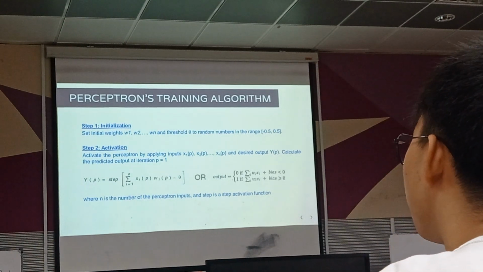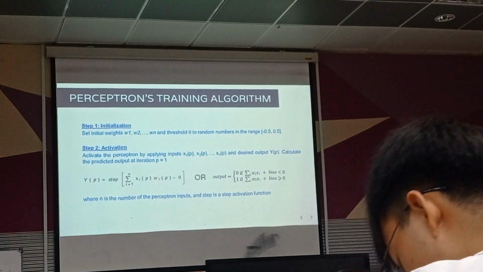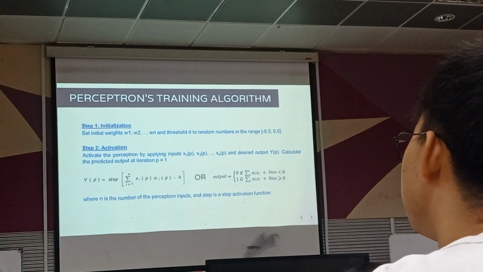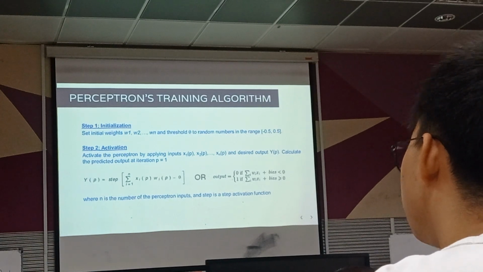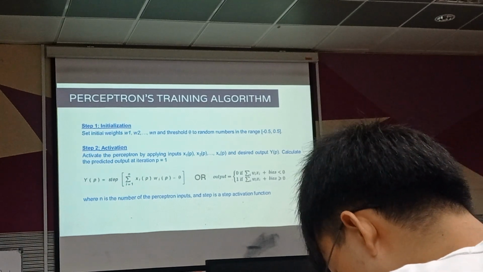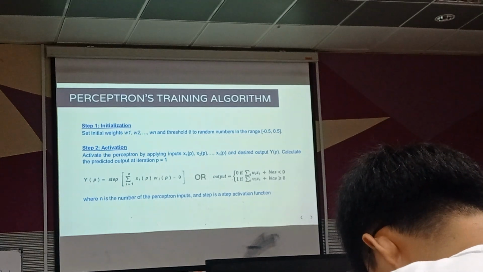So that is the summation process. Let's say 1 multiply by 0.3 plus 1 multiply by 0.4, you get 0.7 in this case.